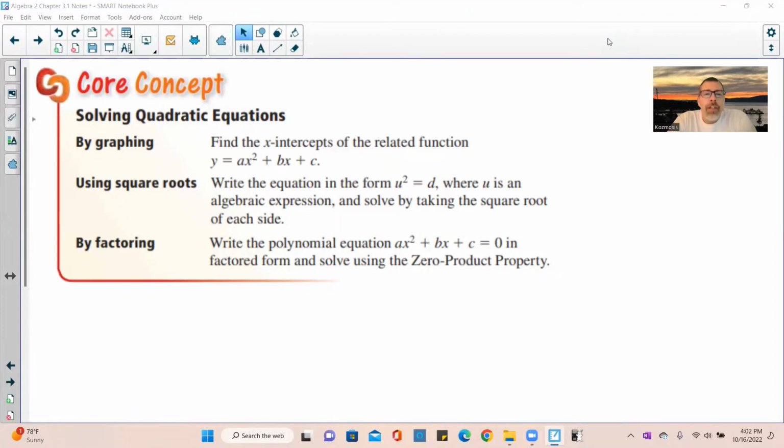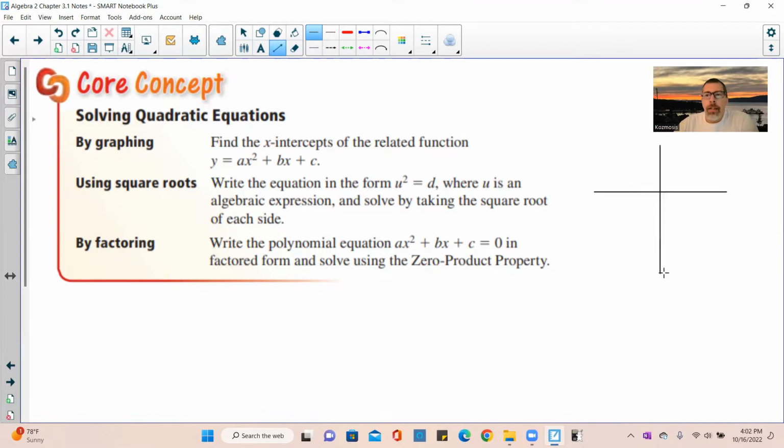By graphing, you find the x-intercepts of the related function y equals ax squared plus bx plus c. So in other words, if I had the x-axis and the y-axis here, and we always should label that x and this y, and these would have arrows, but I'm not going to take the time now.